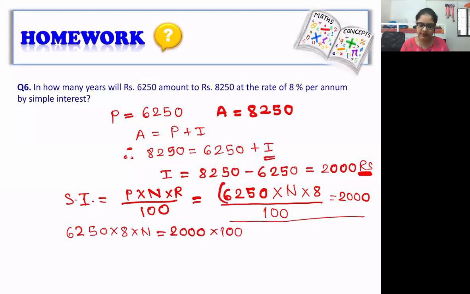Why? Because this whole thing divided by 100 is 2,000. So I'll move the 100 towards the right side. This is called transposition. Those who do not know this method, this is called as transposition, when you solve equations to find the unknown value, that is N.